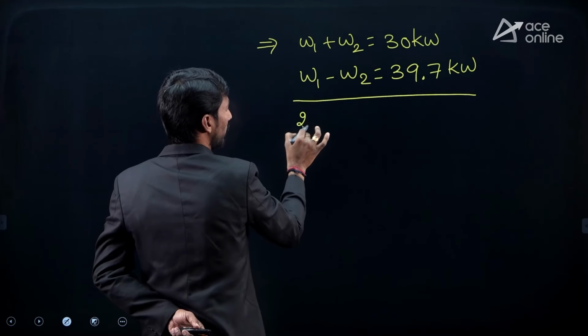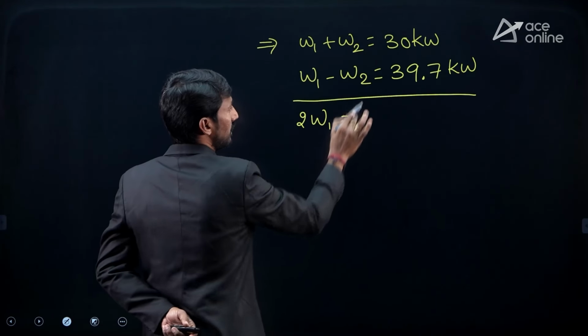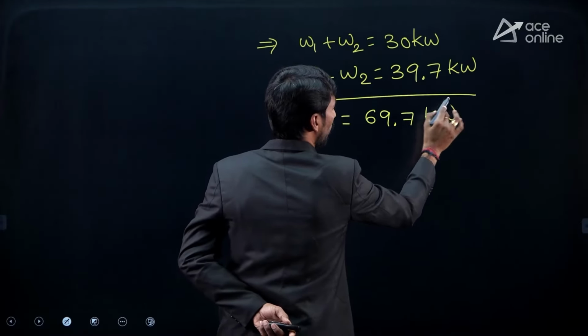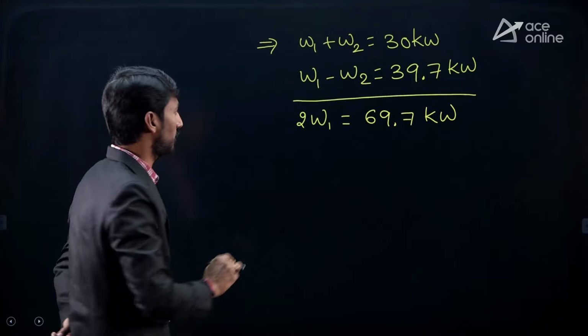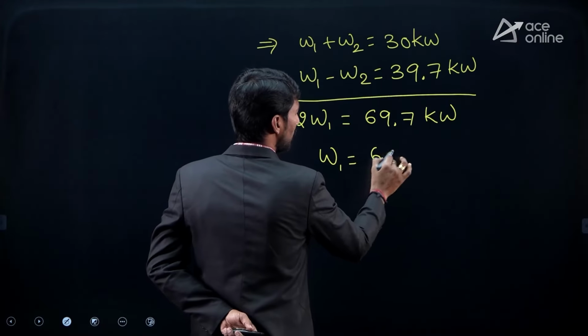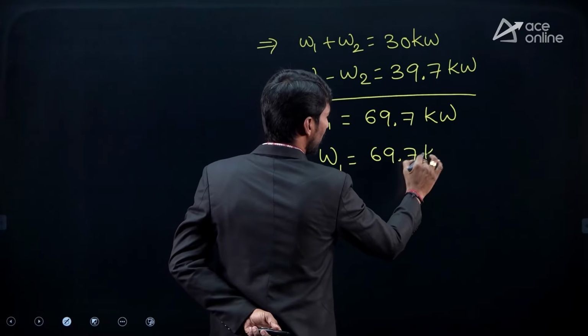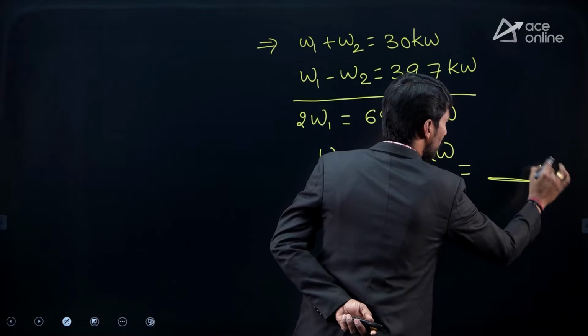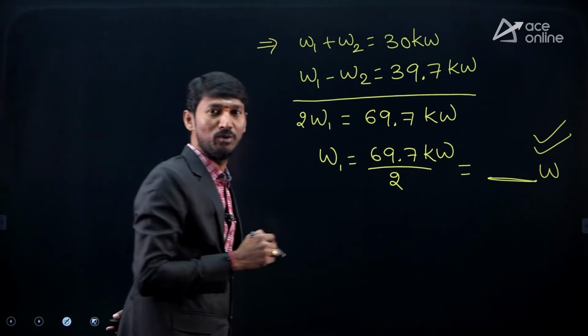If you simplify this, W2 cancels. So therefore, 2W1 is equal to 69.7 kilowatt. Therefore, W1 is equal to 69.7 kilowatt by 2. This is the final answer for W1.